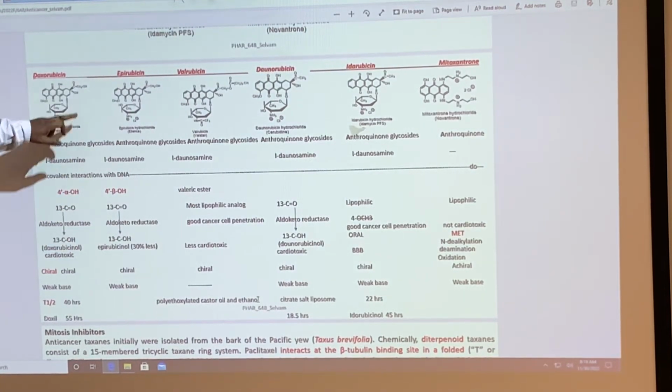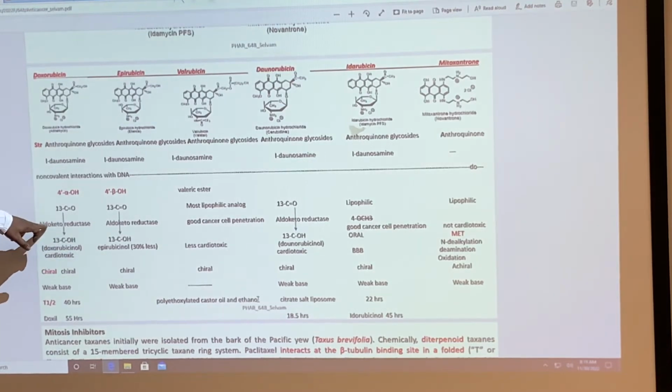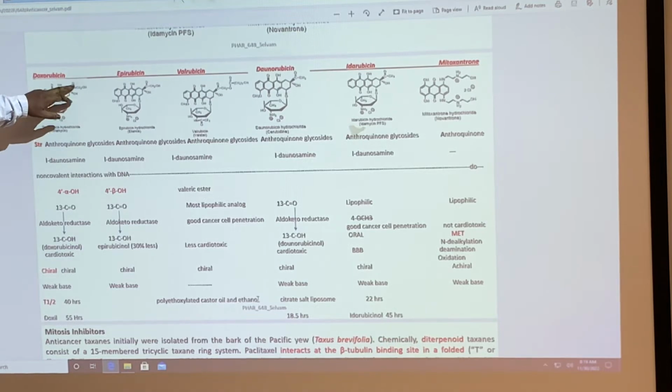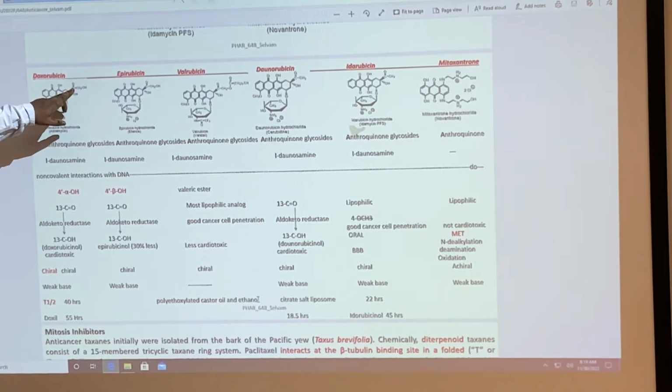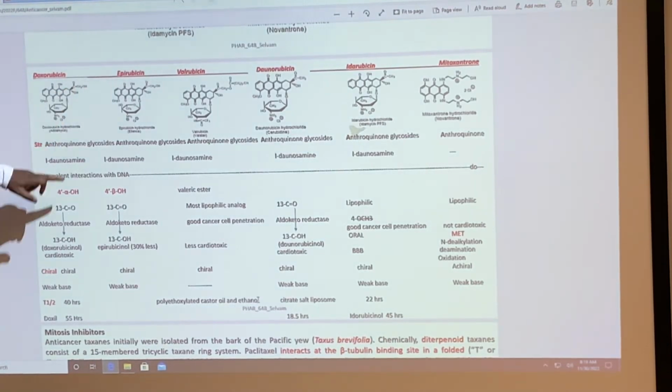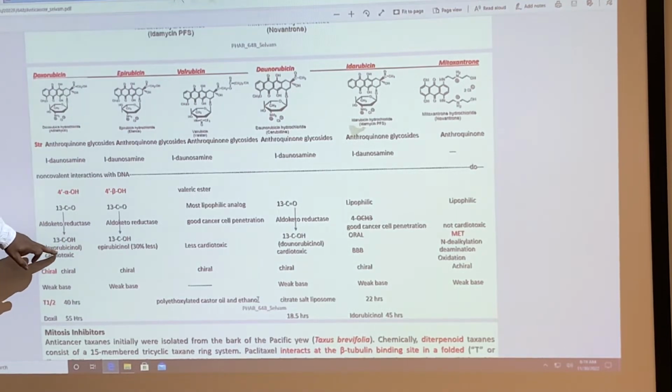Keto is converted to hydroxy analog with aldo keto reductase. That's phase 1 metabolism. So keto converted to hydroxy is called doxorubicinol. Doxorubicin is the keto, the active drug, and after metabolism we get a hydroxy analog, doxorubicinol. Doxorubicinol is the cardiotoxic metabolite.